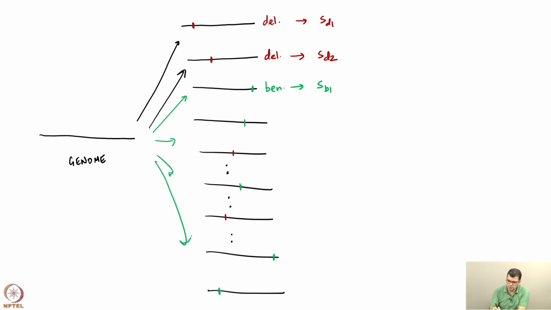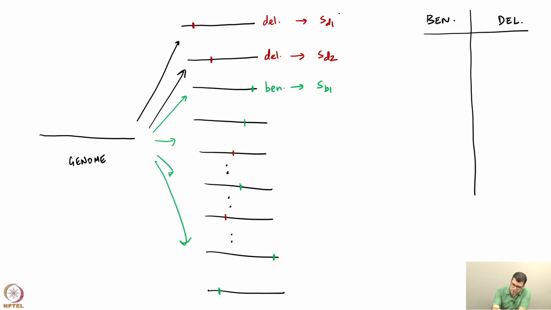First thing we will do is make a list of the fitness effects of all beneficial and deleterious mutations. So, we are going to make a table which is beneficial mutations and deleterious mutations, and we are going to list the benefit or the deleterious effect conferred by each one of them.